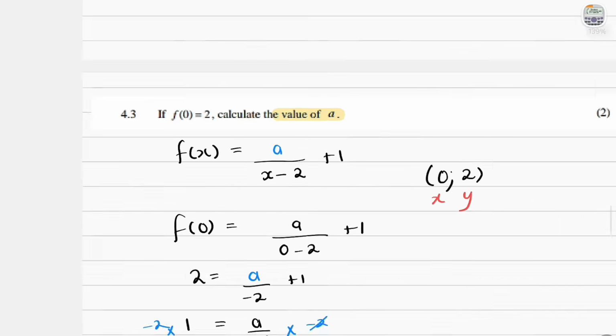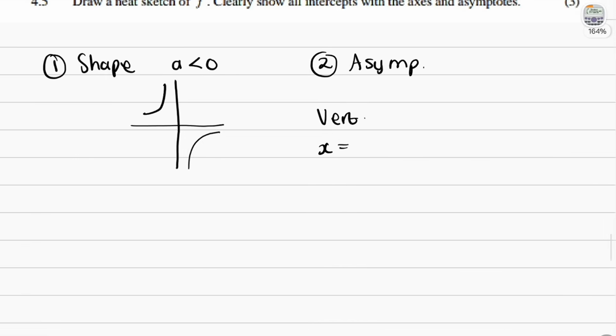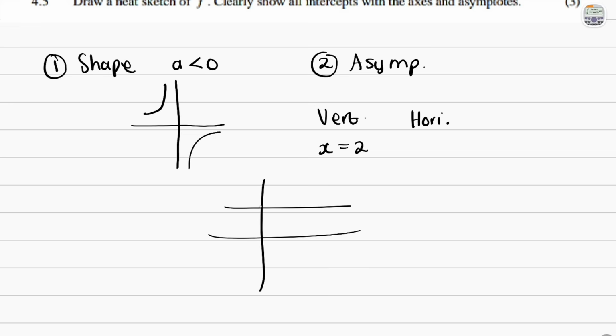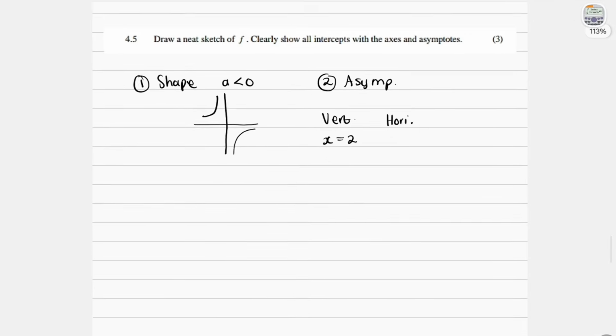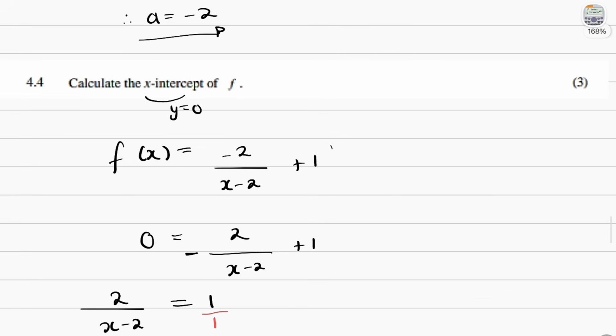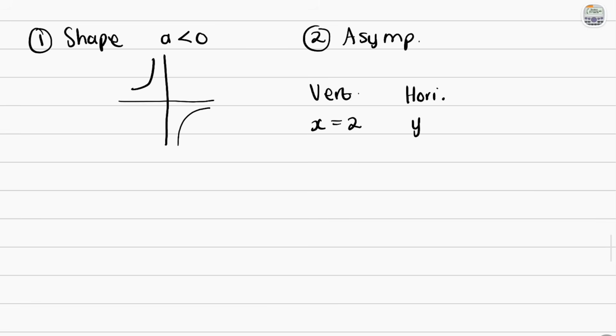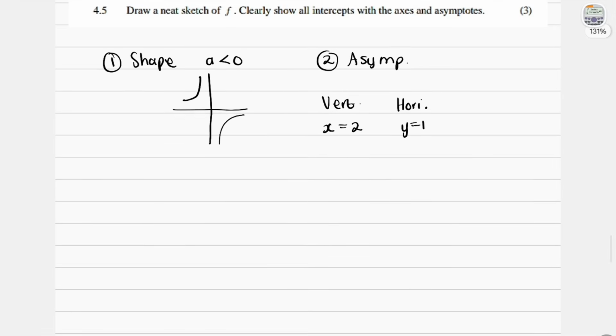So p is 2. So that is x is equal to 2. And then what is the horizontal asymptote? That is a horizontal line. Remember, it passes the y-axis. So it starts with y is equal to whatever this value of q is, okay? And so that is y is equal to 1. Those are our asymptotes.